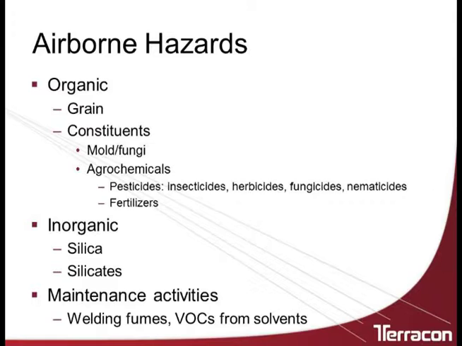You can also run into mold and fungi, and there could be some agrochemical residue still left through pesticides, insecticides, herbicides, fungicides, nematicides, and there may also be some fertilizers. Typically, with those type of things, they're just all put into grain dust per se.